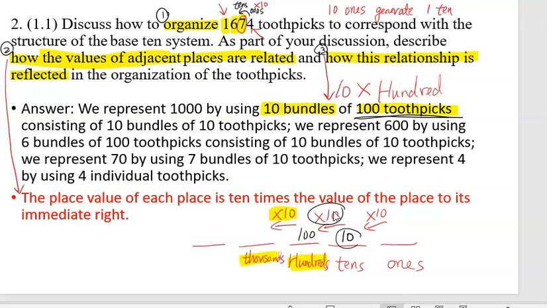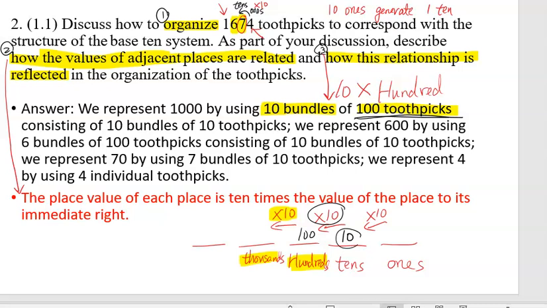So I explained how we represent the 1,000: it's one big bundle with 100 toothpicks in it, but those 100 toothpicks come from 10 bundles of 10. Next, we look at how to organize toothpicks to make 600.